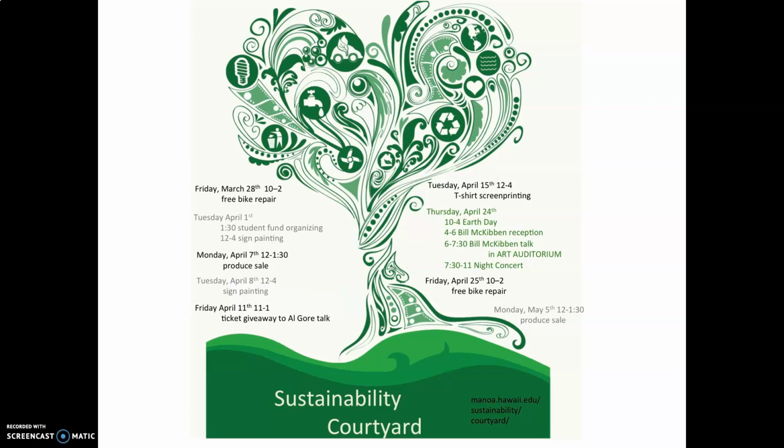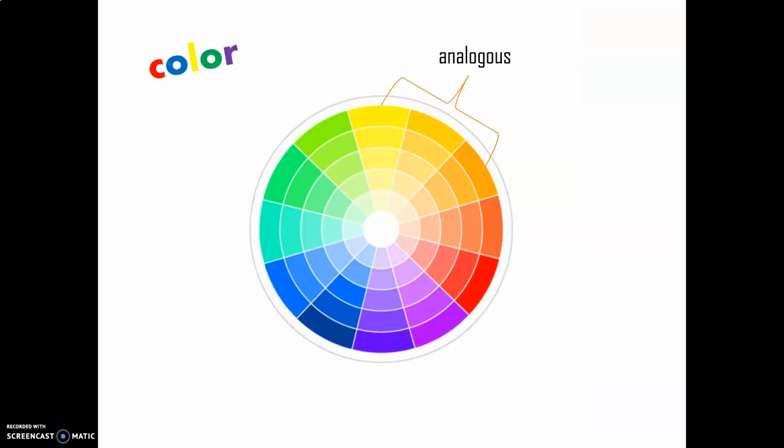You can see the different sustainability icons within the tree, and it's also in a heart shape to kind of symbolize sharing love for the earth. What is not effective in this poster is going to be the alignment. If you look at the text, it's not aligned with anything, and it actually kind of pops off of the poster in some places. So that would be where I would focus my revision efforts, on the text and aligning that more effectively.